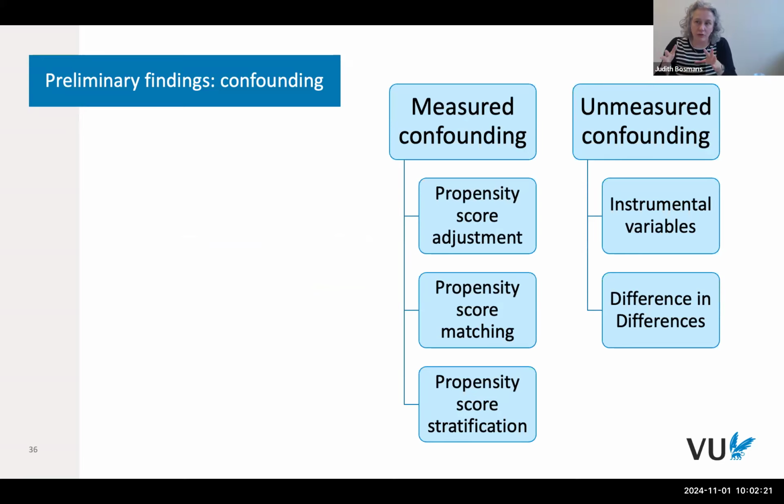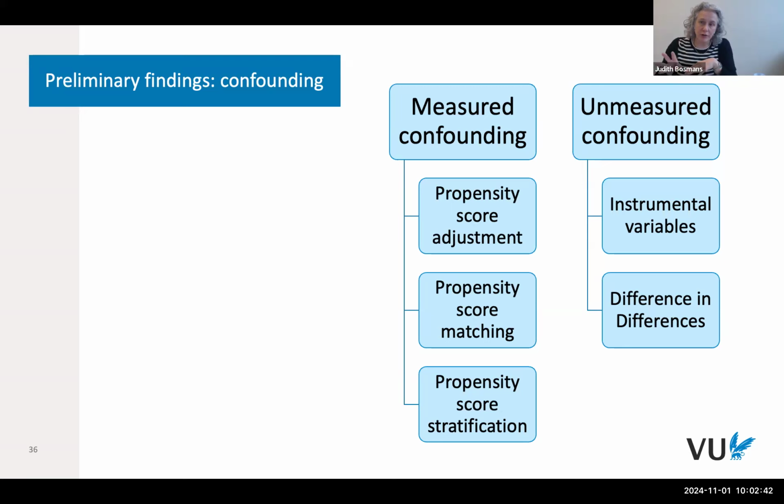When we talk about confounding, we have two types. We have measured confounding, which is confounding caused by variables, characteristics that we observed or measured in our data set, and unmeasured confounding, which are factors that we did not observe.